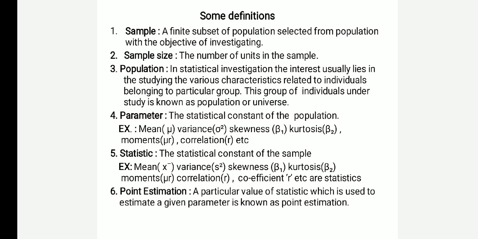That is the sample mean, and for all the samples you take this average. The average of these averages is the population constant, that is the population parameter. Then parameter is the statistical constant of the population. Examples are mean, or it may be variance, skewness, kurtosis, moments, correlation.